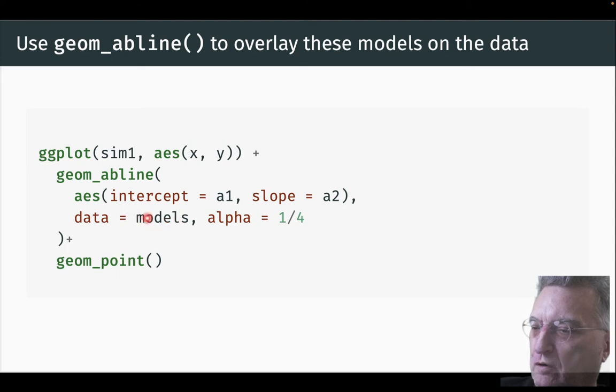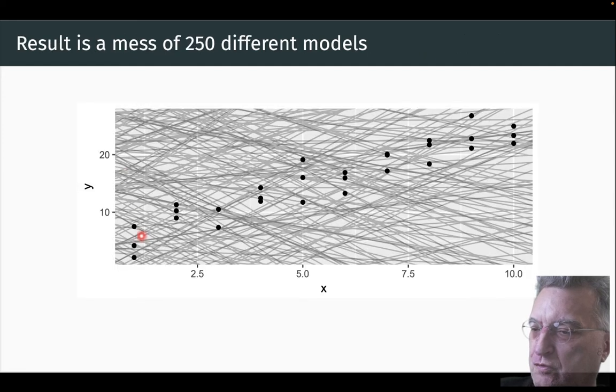We're using these 250 examples of A1 and A2, and geom_point is going to inherit sim1, so geom_point is going to show us the dots for sim1. So this is the result. We get the dots for sim1, and we get all these models ranging from a slope of 5 to minus 5. So it's a mess.